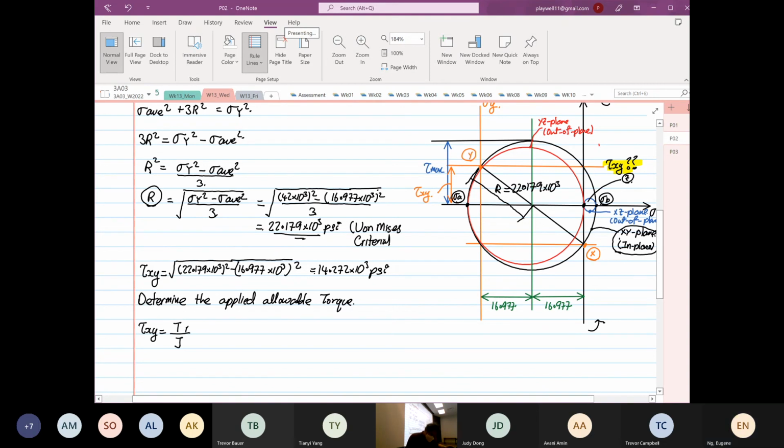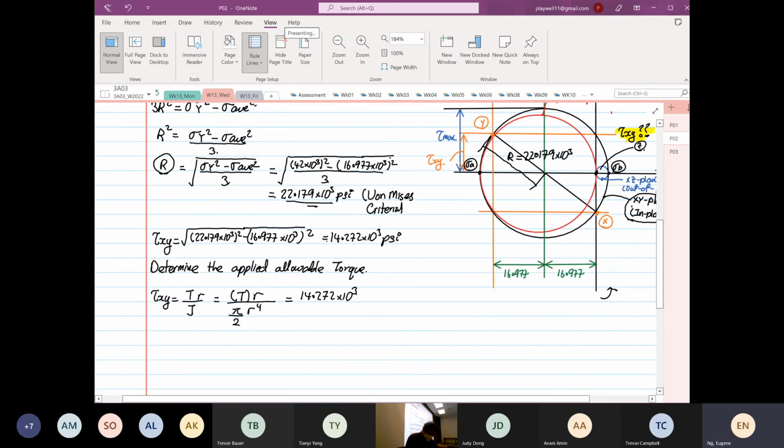So T is what we are trying to determine, R over pi over 2 R to the power 4, and the whole thing is equal to 14.272 times 10 to the power 3.